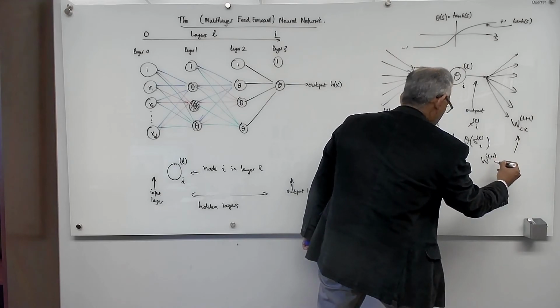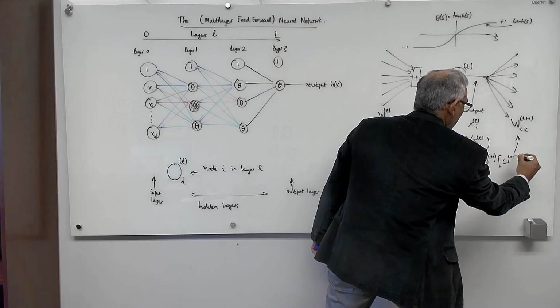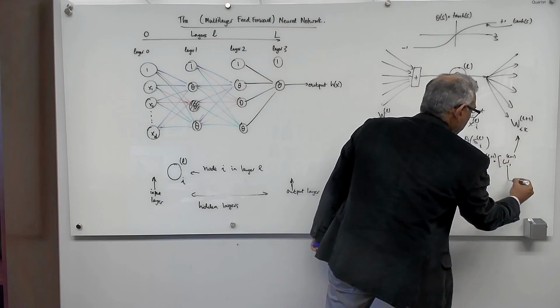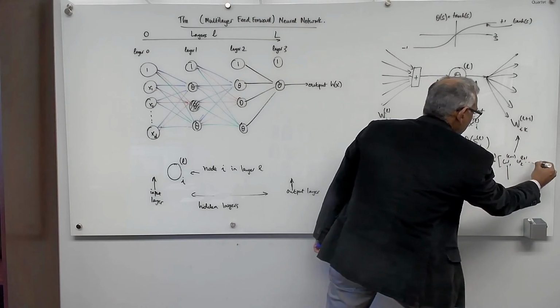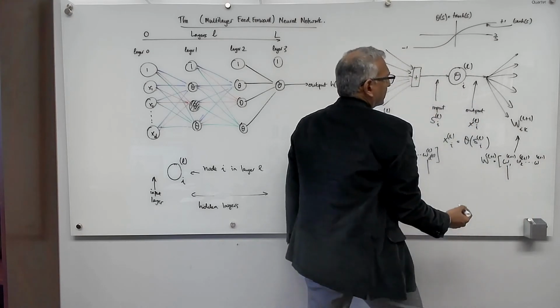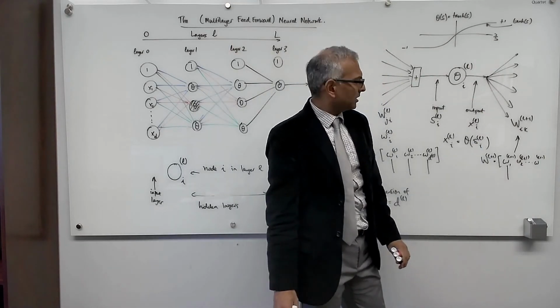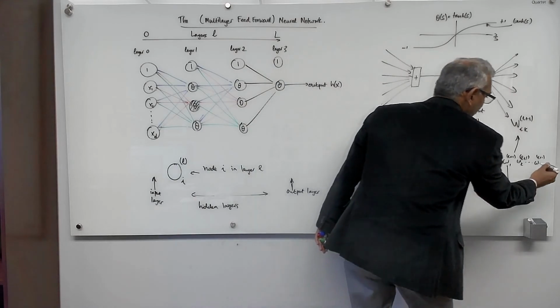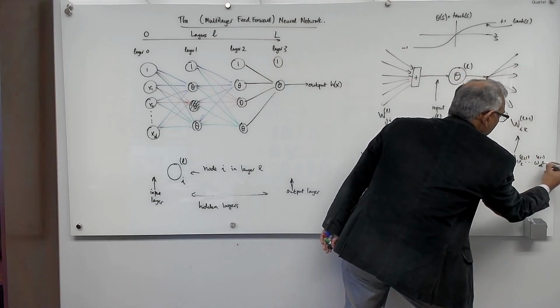Similarly, we can store WL plus 1 as a matrix of weights: WL plus 1, 1, WL plus 1, 2, and so on. The weights going into layer L plus 1 will have dimension DL plus 1.